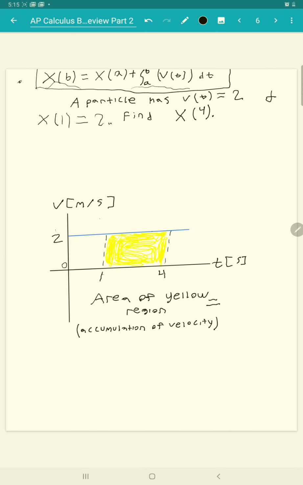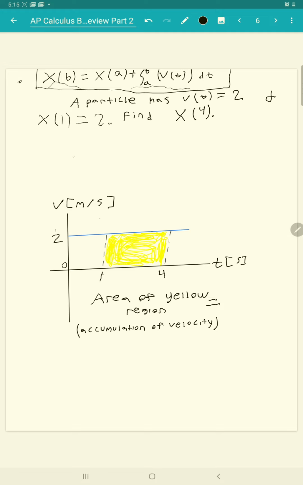So let's think about this. If we're given a velocity and a position. So a particle has a velocity function of 2, and it has a position at 1, and that is 2. Find x at 4. Well, let's think about this. Let's just set up this equation.